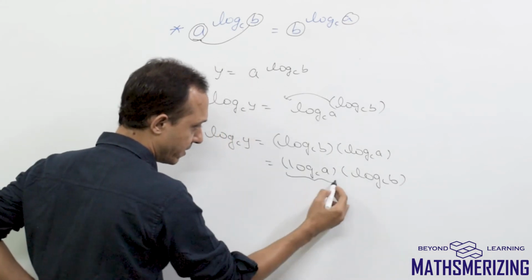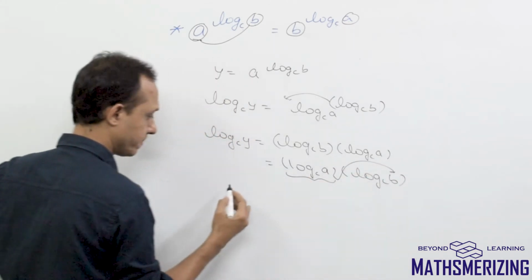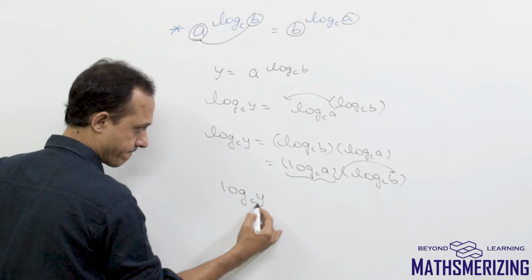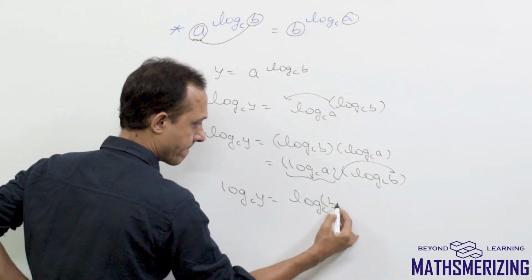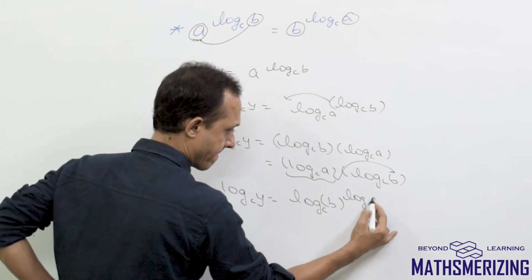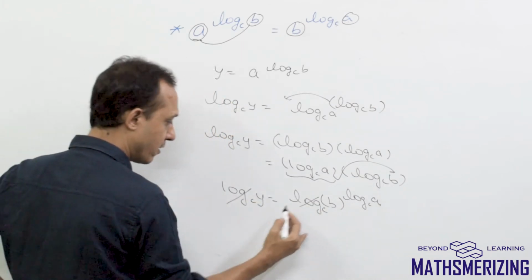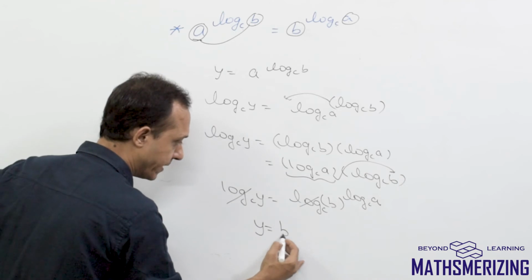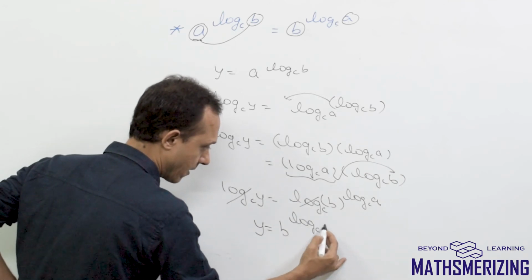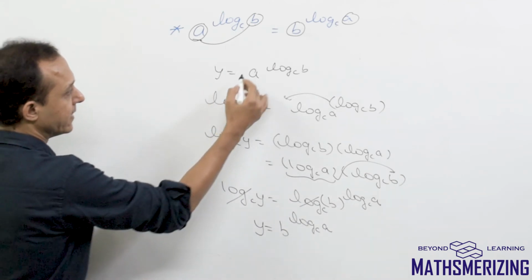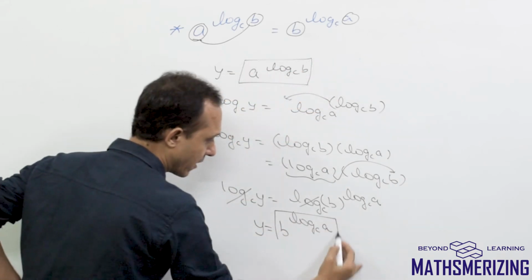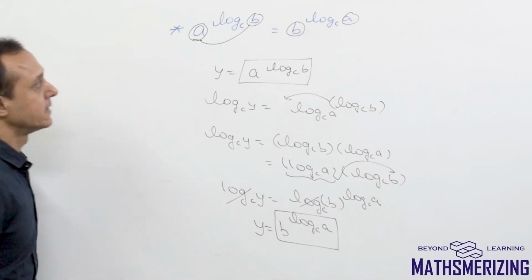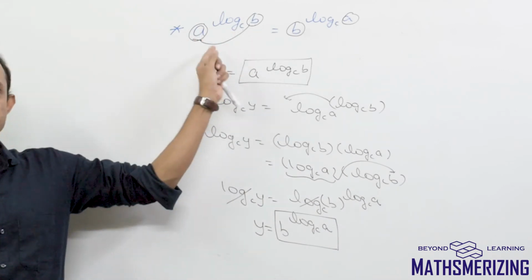Now I can take this number to the power of b. Now I can cancel log with log, so I'll get y as b to the power log a base c. That is, a to the power log b base c is the same as b to the power log a base c. So if I interchange a and b, there'll be no change.